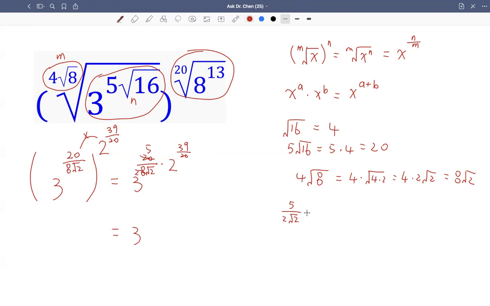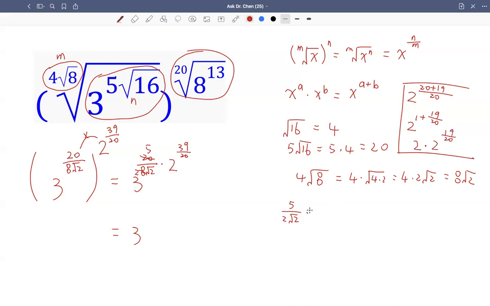Then multiply by 2 raised by 39 over 20, which can be written as 2 raised by 20 plus 19 over 20. Right? 20 divided by 20, that's 1. Plus 19 over 20, which is 2 times 2 raised by 19 over 20.